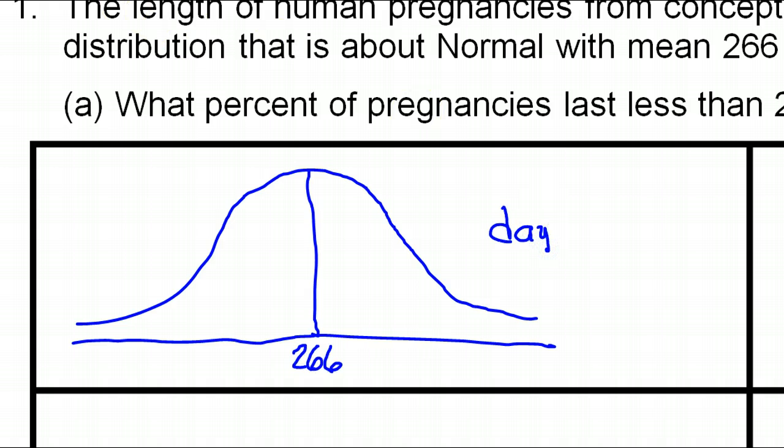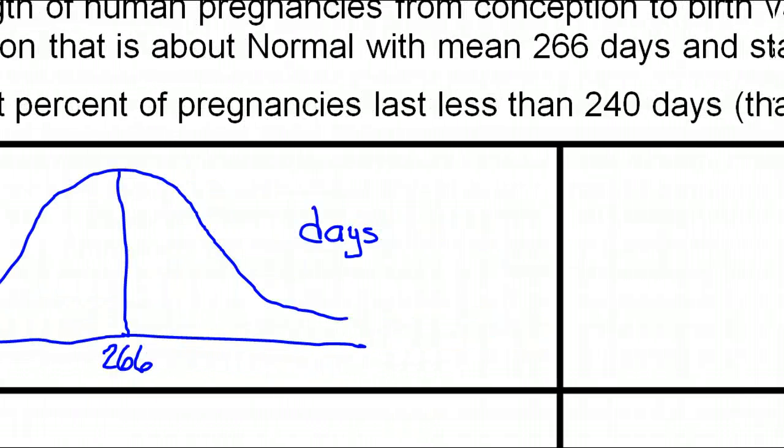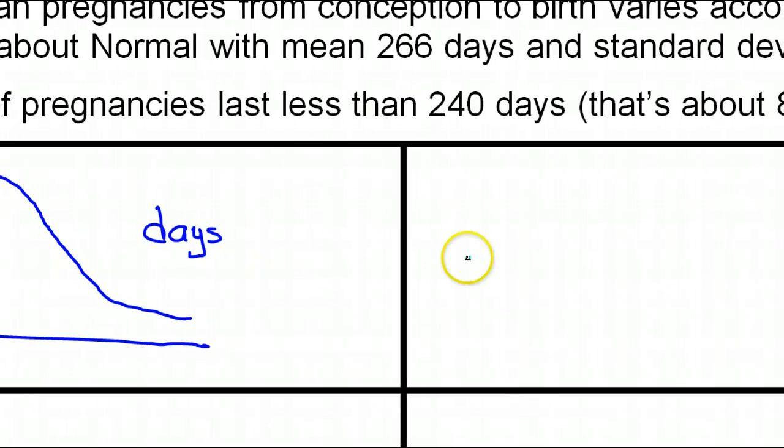Okay, the labeling is very important. Sometimes I don't really hold you guys accountable for the units, but for this I will. So days. Now you're going to go ahead and mark down the value that we're really trying to find out about. We want to know what percentage of pregnancies last less than 240 days.